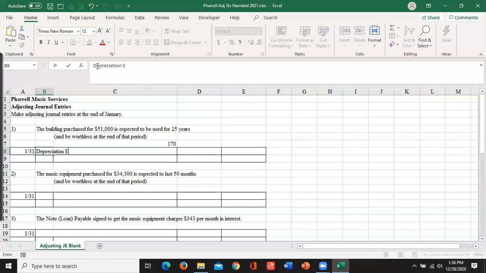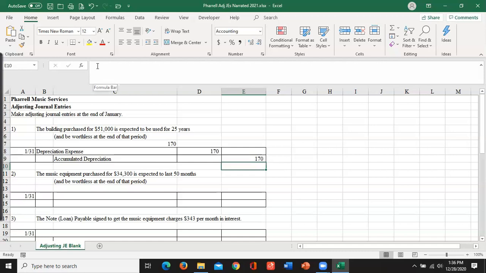depreciation expense and accumulated depreciation for the 170. And when you see depreciation, it will always be those two accounts: debit depreciation expense, credit accumulated depreciation.